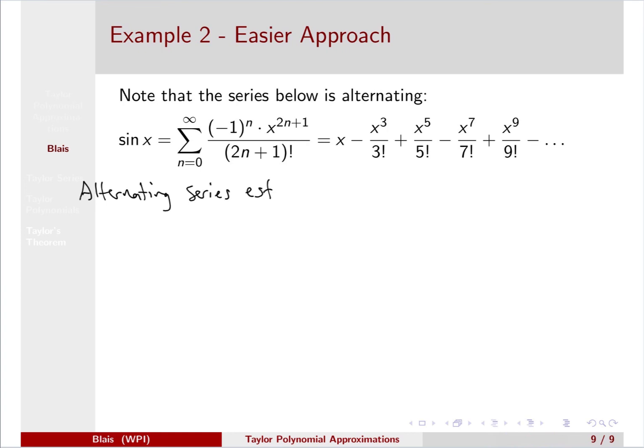And remember, the alternating series estimation theorem tells us if you want to approximate an alternating series with a partial sum, the error of your approximation is less than or equal to the absolute value of the first term omitted.